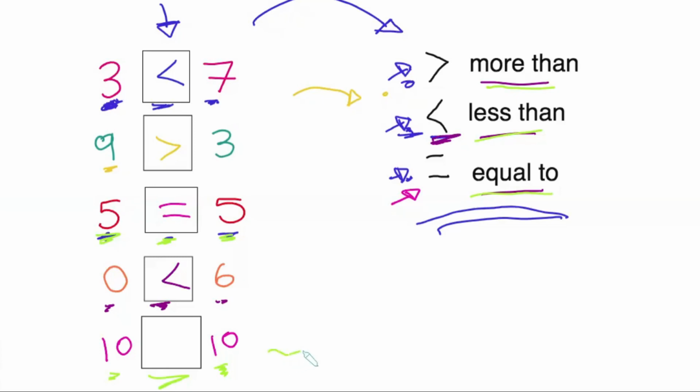I'm going to draw an arrow. Which one is it? It's this one, of course. 10 is equal to 10. So we're going to draw our equal sign in our box because 10 is the same quantity or the same number as 10.